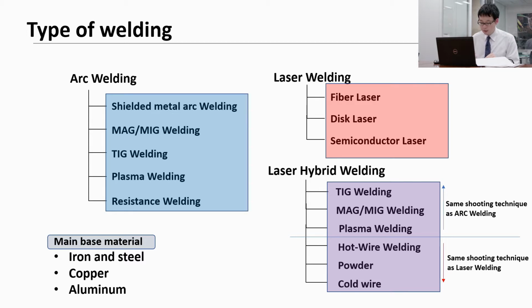In laser welding, there are three main types of laser: fiber laser, disc laser, and semiconductor laser welding. In addition, there is laser hybrid welding. This is a method combining arc and laser welding. The main base materials are iron, steel, copper, and aluminum.